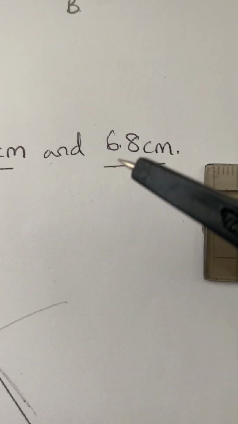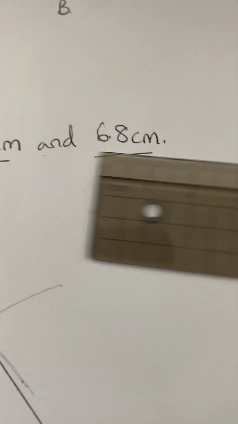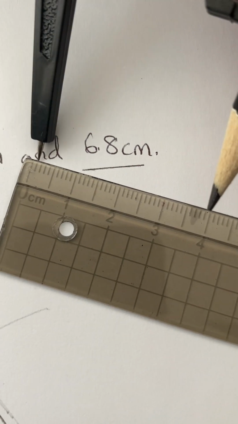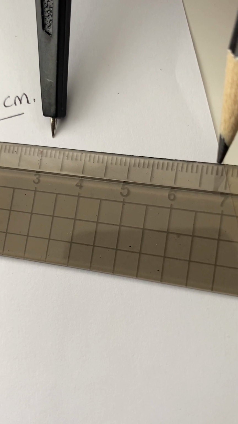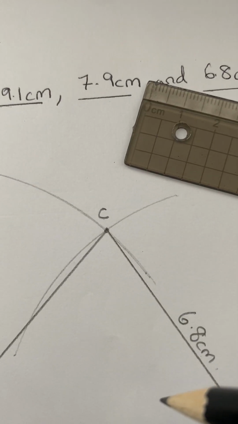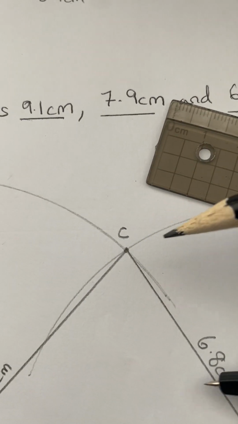The next one will be 6.8 centimeters. Again, you open your compass like that from 0 to 6.8 centimeters. That's 6.5, 6.8 to be there. And then B as your reference, you draw a second arc.